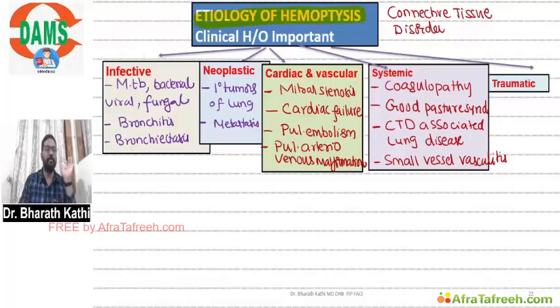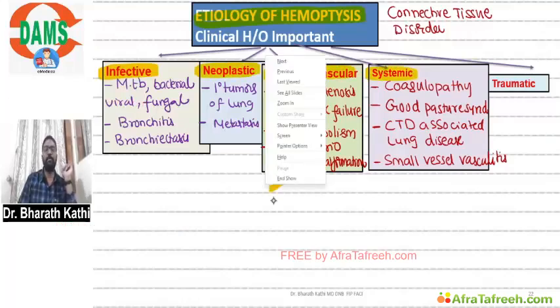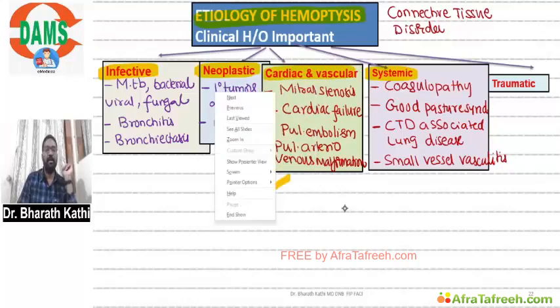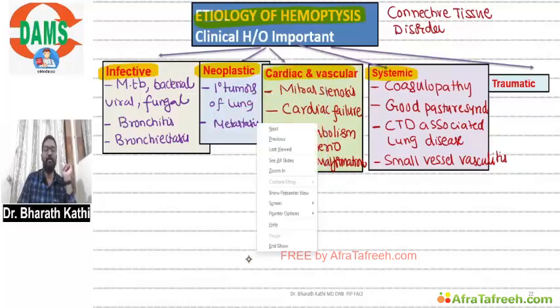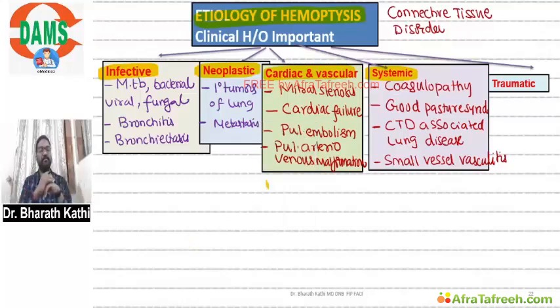So just keep in your mind, etiology can be classified into infective causes, neoplastic causes, cardiovascular causes, systemic causes, traumatic causes. And examiners will be very particular regarding non-respiratory causes of hemoptysis. So non-respiratory causes, we have this: mitral stenosis, cardiac failure, pulmonary embolism, pulmonary arteriovenous malformation.